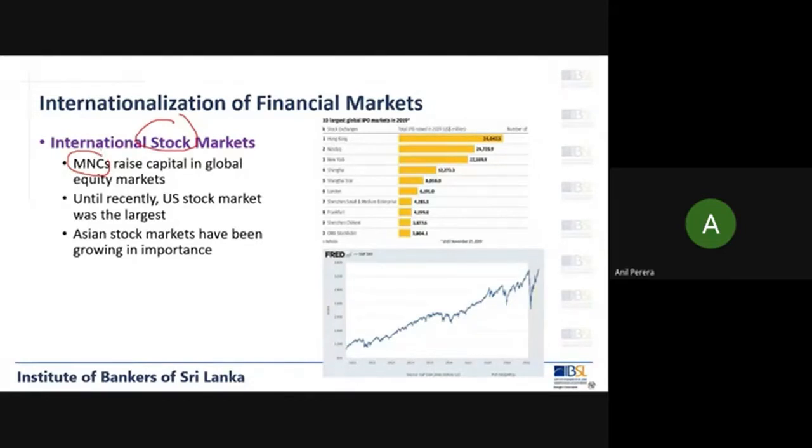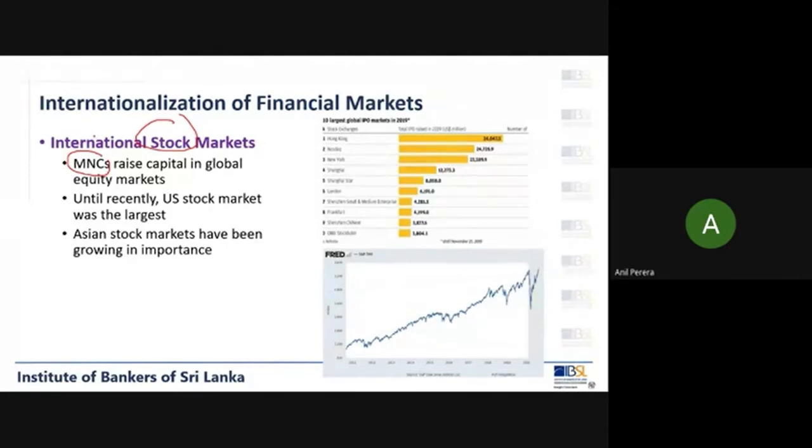Multinational corporations means companies operating in various countries on a mega scale for producing goods and services. For example, Coca-Cola is a multinational company. Sony is a multinational company. Likewise, they are operating in many countries.